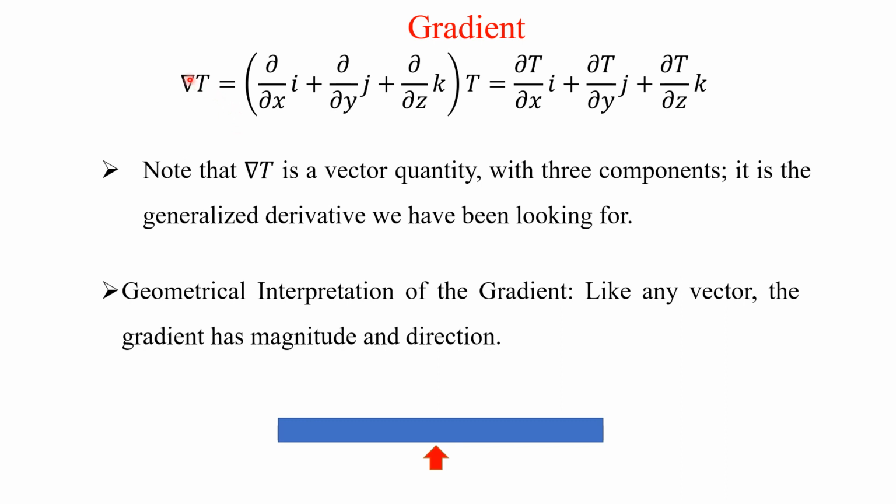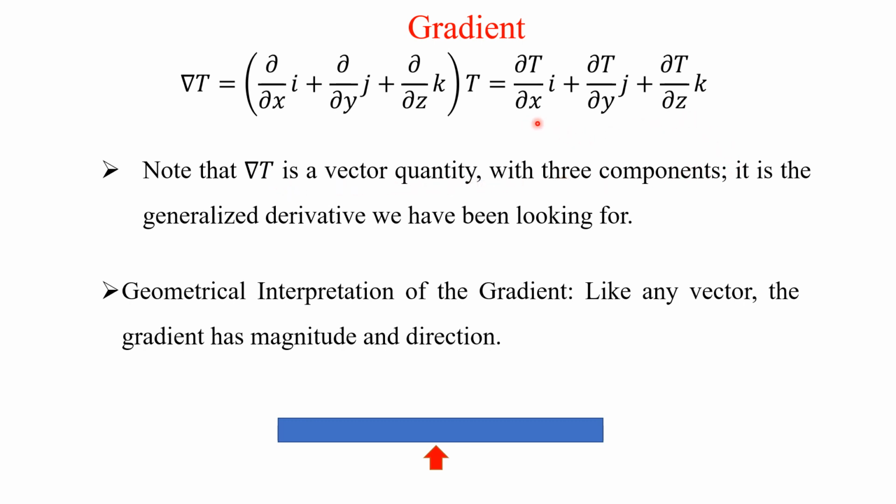Here I have taken the del operator acting upon the temperature T. By definition we get this result. Along the x direction, y direction, and z direction, the temperature variation will be different. So del T is a vector quantity with three components.